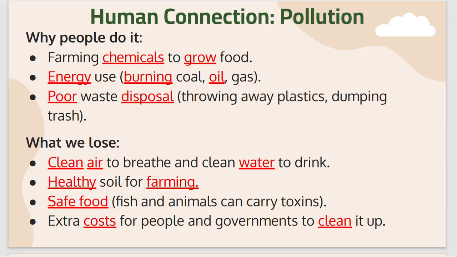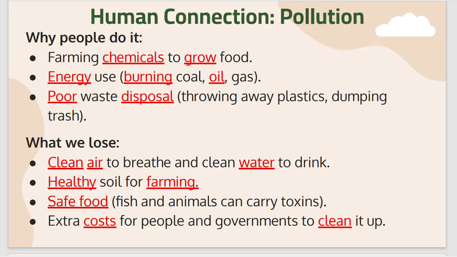The issue is that as these chemicals are put onto the plants and the crops and rain and storms occur, that water can wash those chemicals down into our waterways.